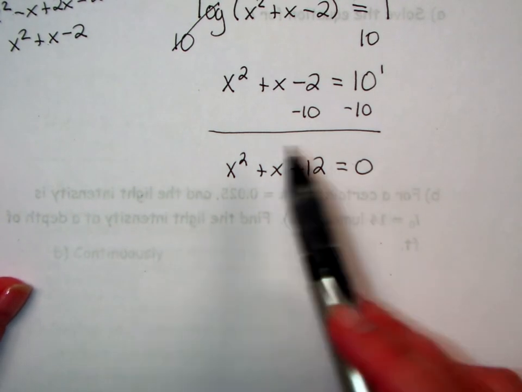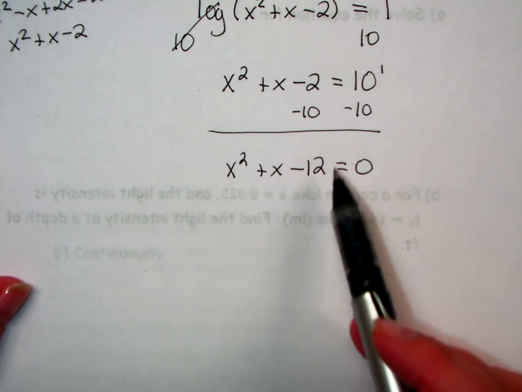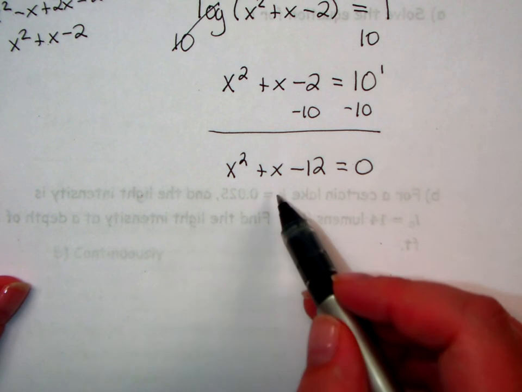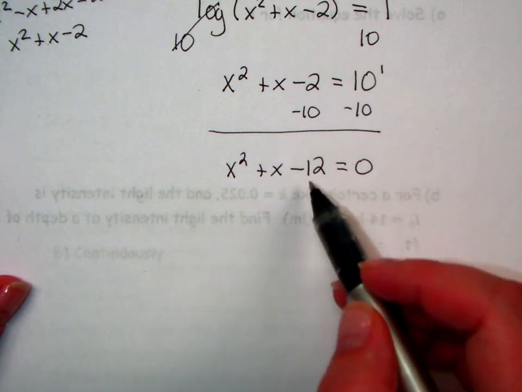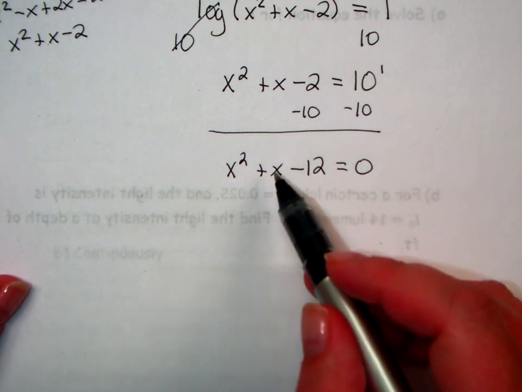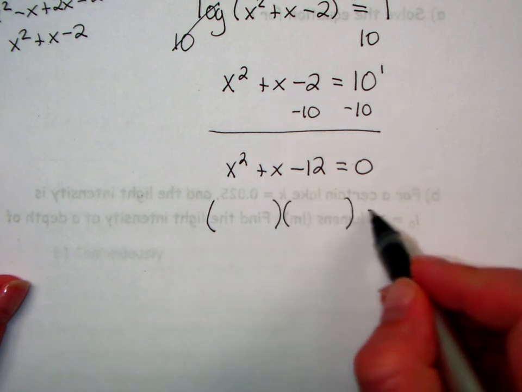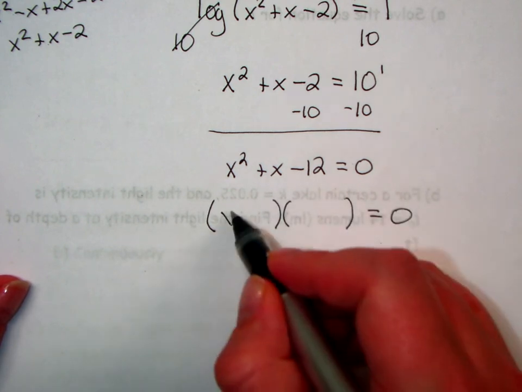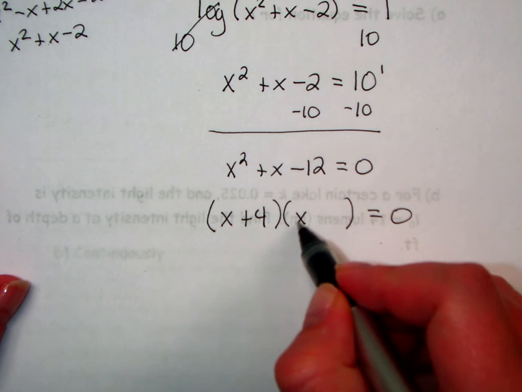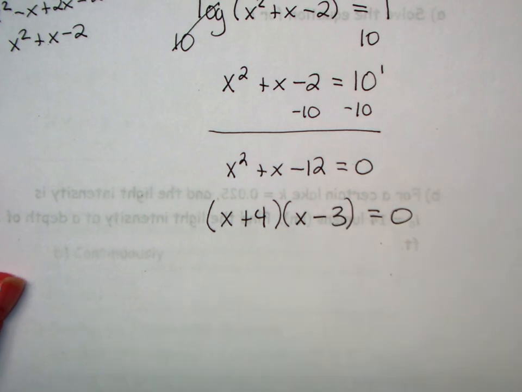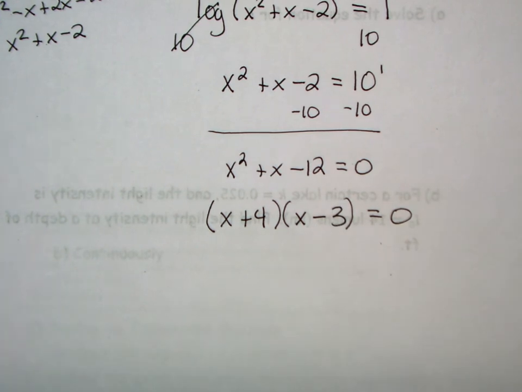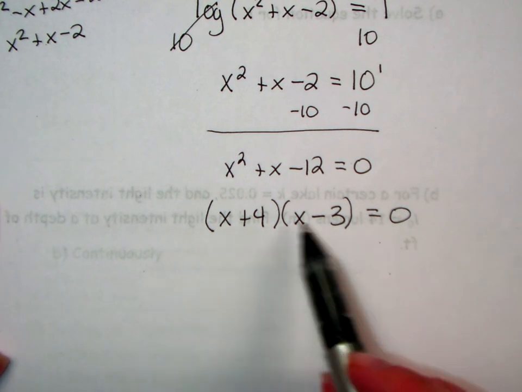So to solve this one, we can factor, or we can use the quadratic formula, but this one does factor. What multiplies to negative 12 and adds to 1? 4 and 3 are those magic numbers, right? But we want a positive 4 and a negative 3. So this is the polynomial factored, and so we have two factors.